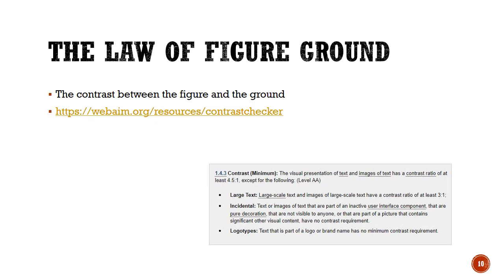For example, according to this rule, large-scale text and images of large-scale text should have a contrast ratio of at least 3 to 1. And you can go to this link to check the contrast ratio.